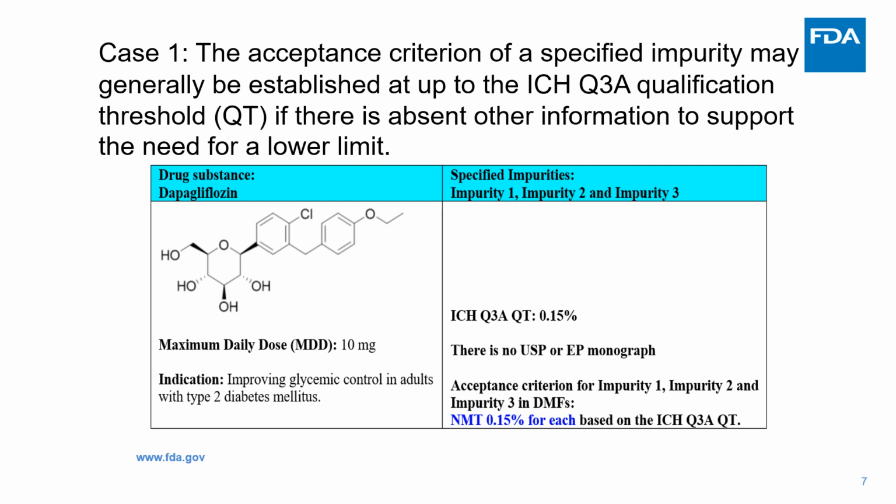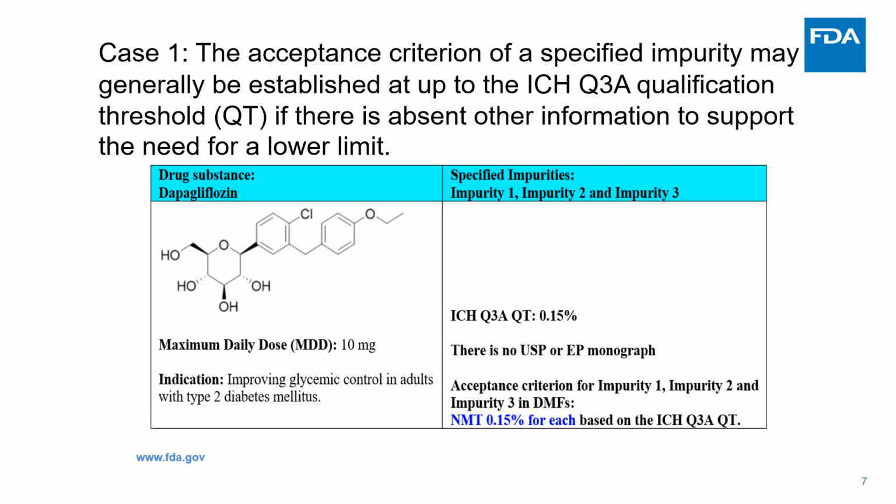Case 1. The acceptance criterion of a specified impurity may generally be established at up to the ICH Q3A qualification threshold if there is no other information to support the need for a lower limit. For example, for the drug substance dapagliflozin, currently there is no compendial monograph.